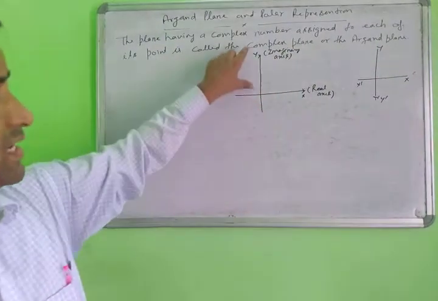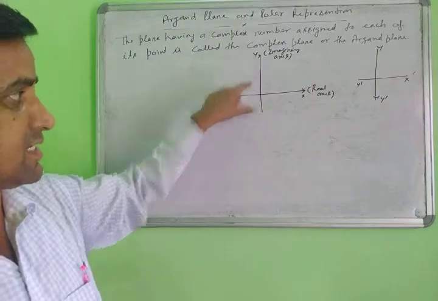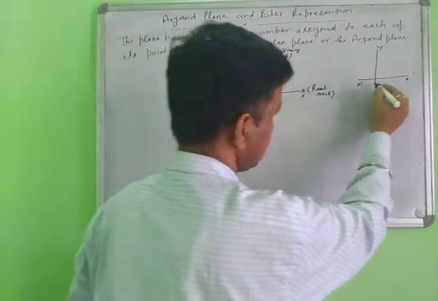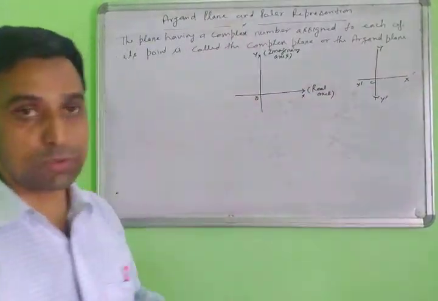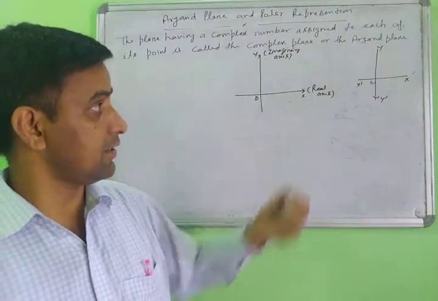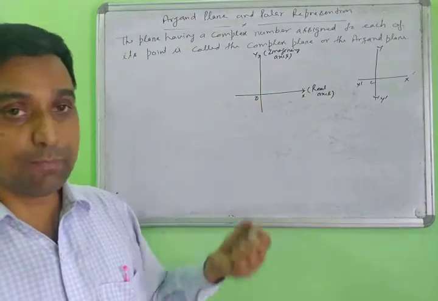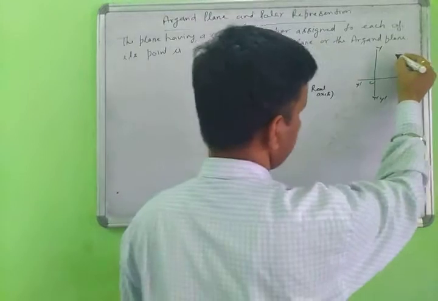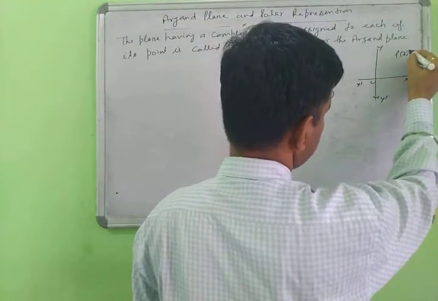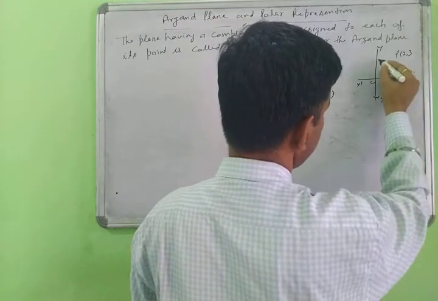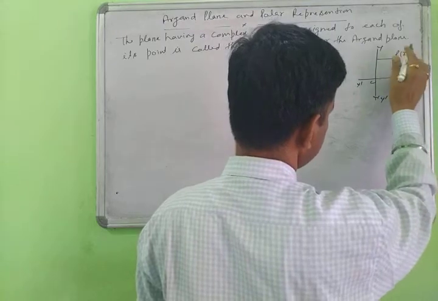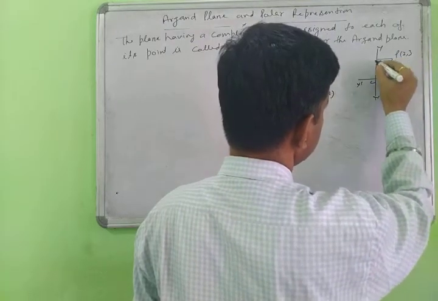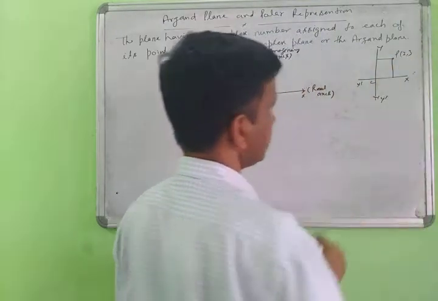This is your origin. Suppose you represent a point P here as (2, 3): this is your point 2 and this is your point 3.